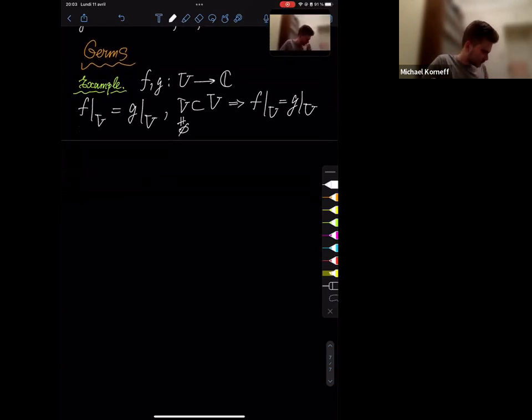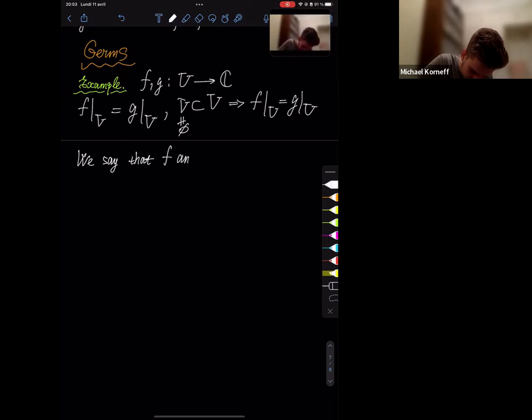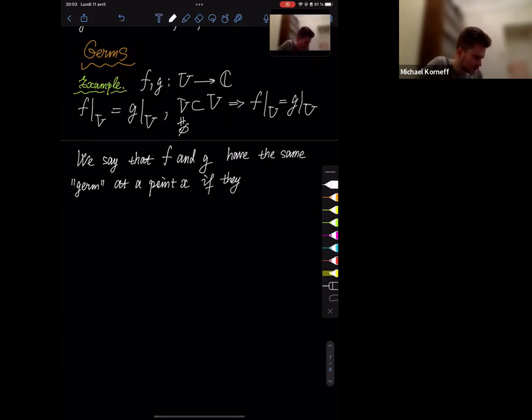And in the general setting, we say that functions f and g have the same germ at some point x if they agree in some open neighborhood of point x, and thus we have an equality of germs.